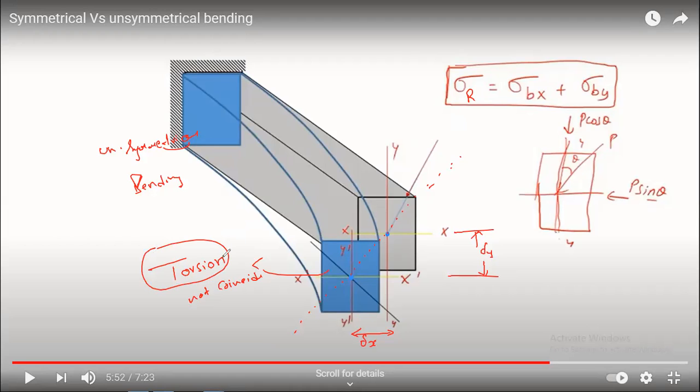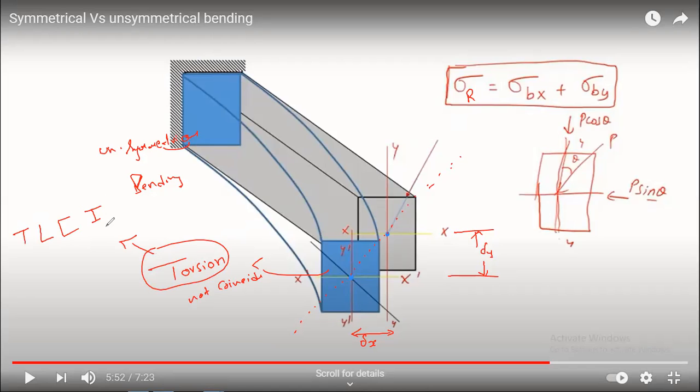Along with bending, it will undergo torsion. For which kind of sections does this usually happen? Torsion will happen for T section, angular section, C section, and I section, which are unsymmetrical.